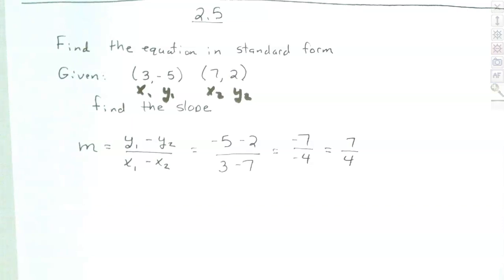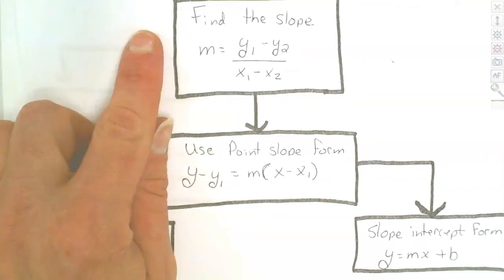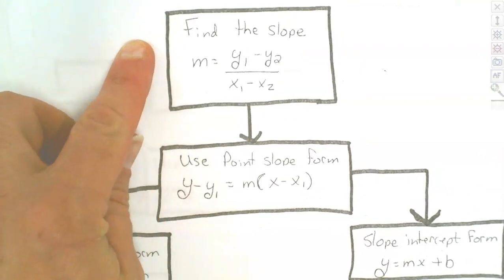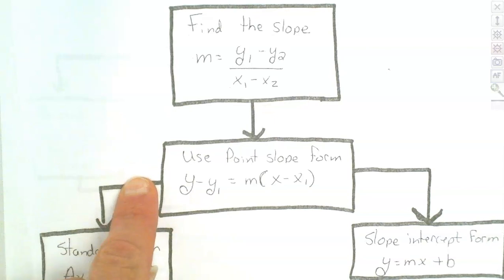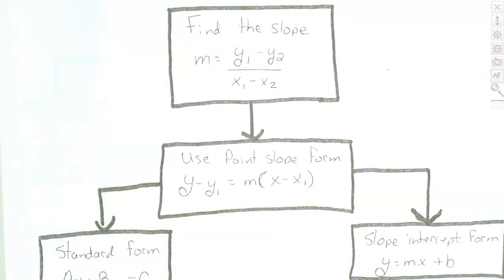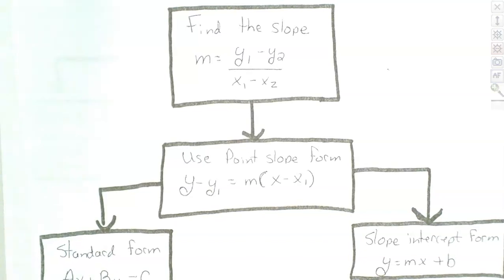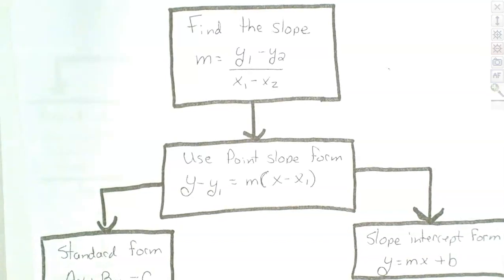So we found our slope. So that's the first thing that we do when we have 2 points. We calculate that slope. Now, what is next? Well, we are right here. We found our slope, so what do we do? We use point slope. Okay? Pretty simple. As long as you follow these flow charts, you won't have any trouble with these. Just watch out for algebra mistakes and make sure you follow that flow chart.